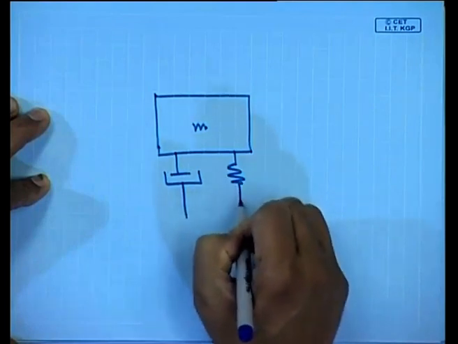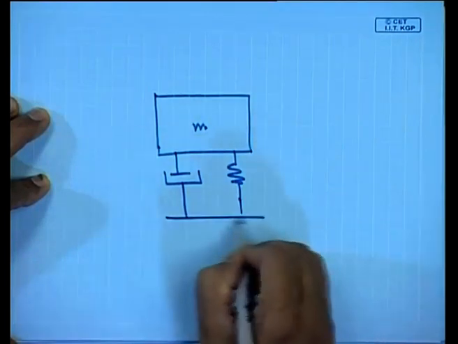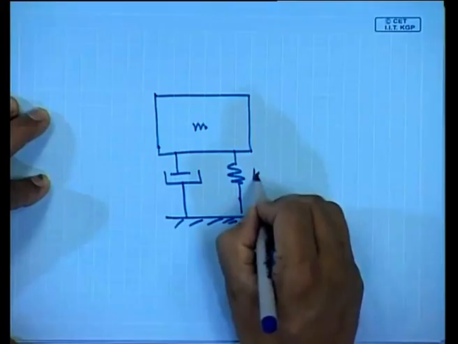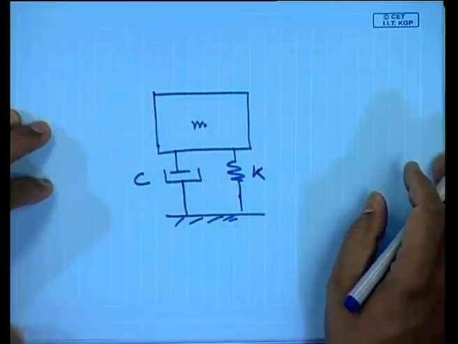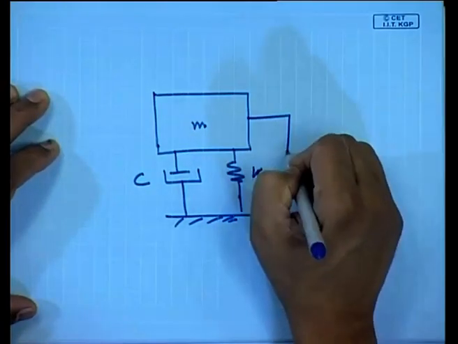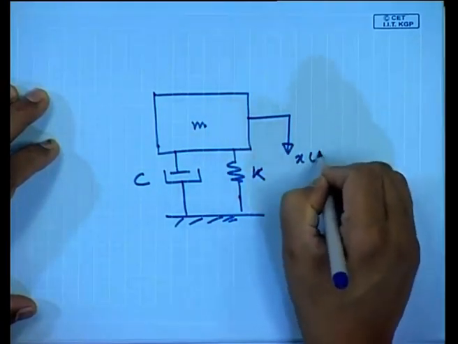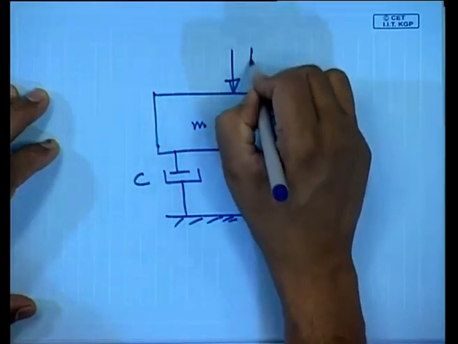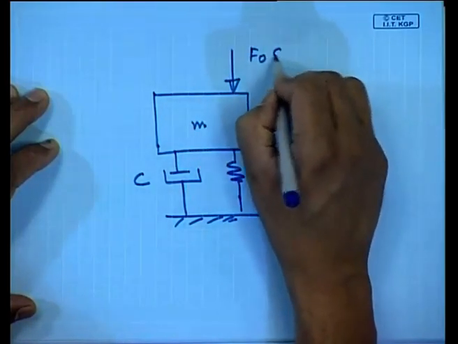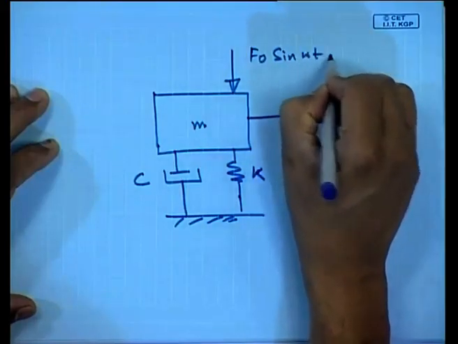on a spring having stiffness K and a damper having a coefficient of damping C, and suppose it has a motion coming down, and I give a force given by F0 sin omega t.